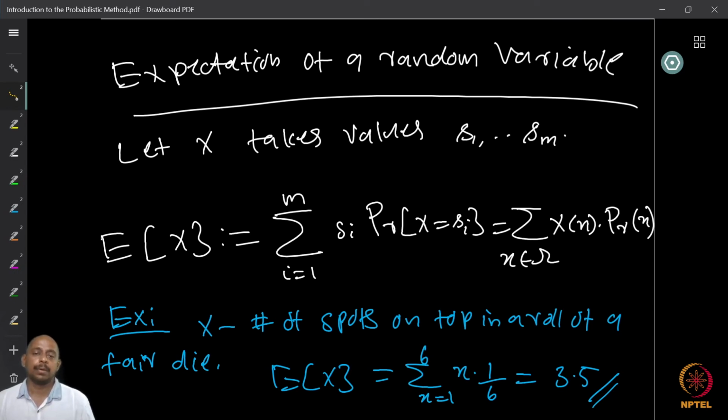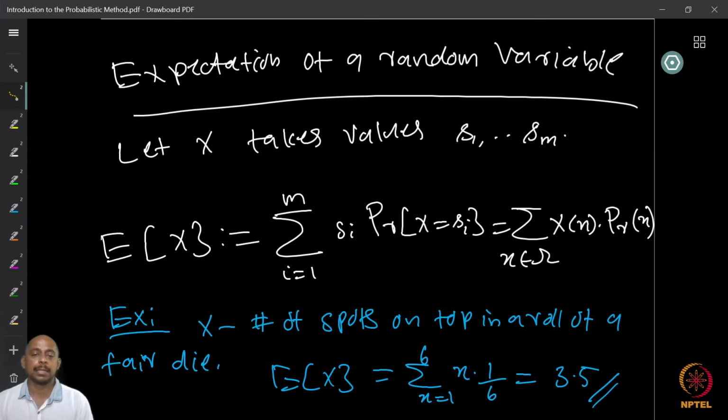Now what do we have? So here is an example, right? The random variable X is the number of spots on the top of a random toss of a pair of dice. Okay, so I'm tossing a die, and what is the expected number of spots we can talk about, right?